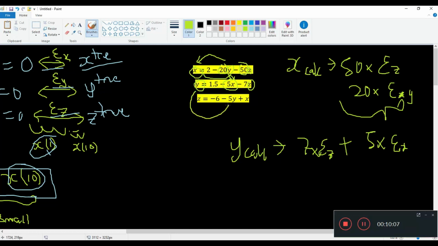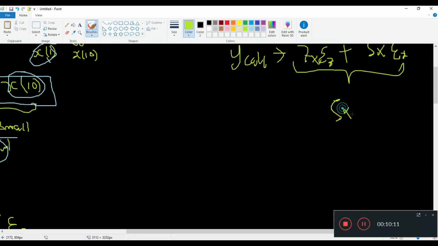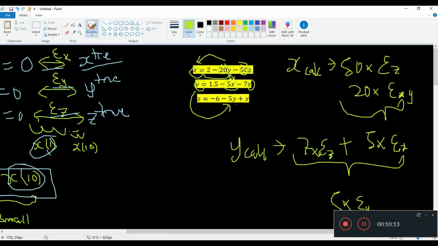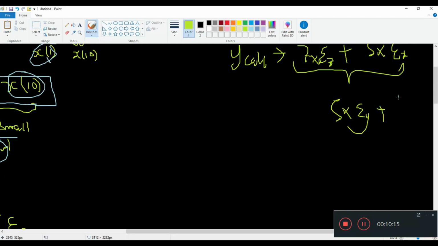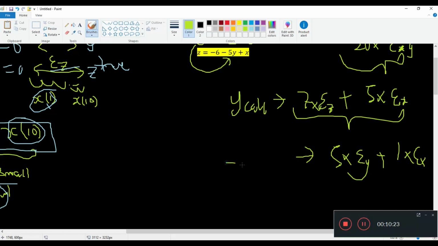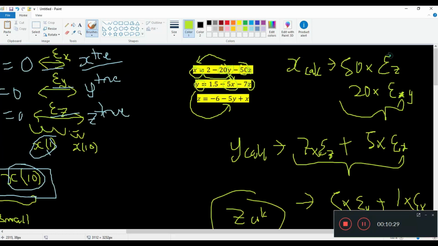Then you put this here, all of this will be multiplied 5 times the error of y in your last equation, plus 1 times the error of x. So that will become the z calculation. You can see that once we substitute this z back here, this error will be multiplied again by 50 times. So that's the weakness of this.